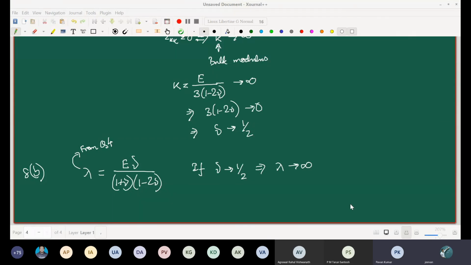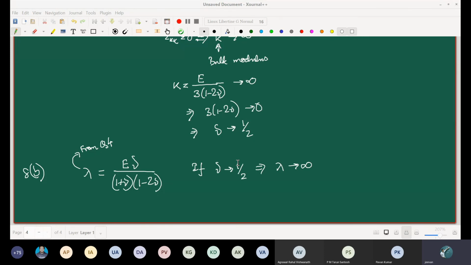So nu tends to infinity. That's actually completely meaningless, because just take a look at question number 6. There we actually show that nu has to satisfy the inequality minus 1 less than nu less than half. So nu has to be less than half. How can it tend to infinity?